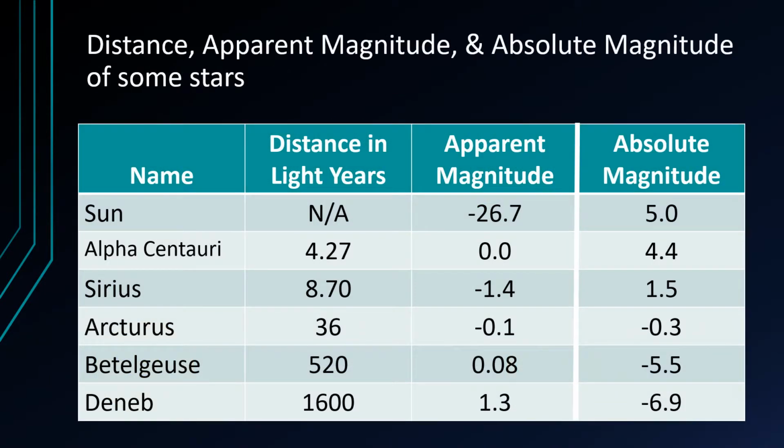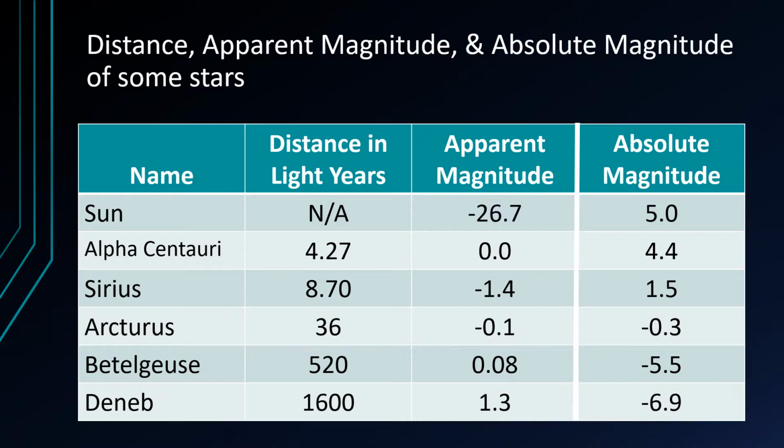And so we go back to comparison. So right here we have the sun, which was a negative 26.7. Our distance in light years, not far away at all. But it's so very, very bright to us, apparent. But when we look at its absolute magnitude, it is a 5.